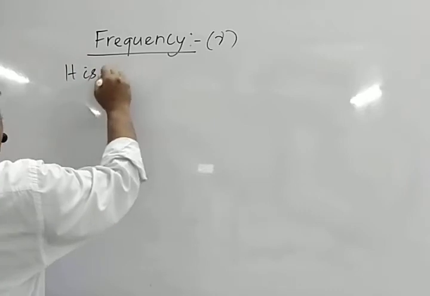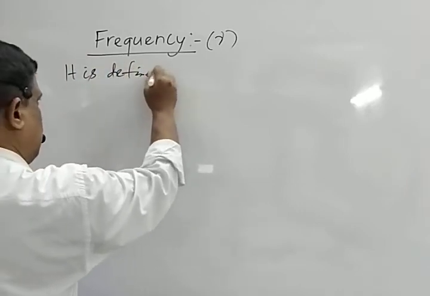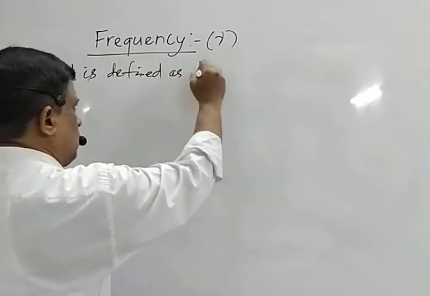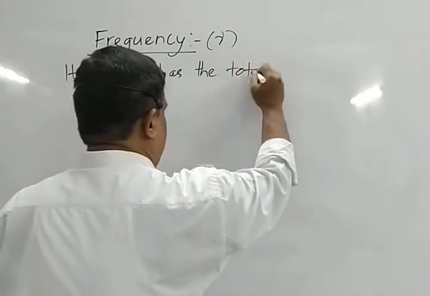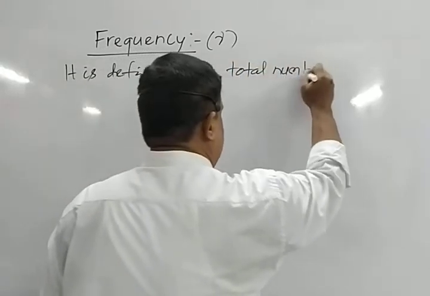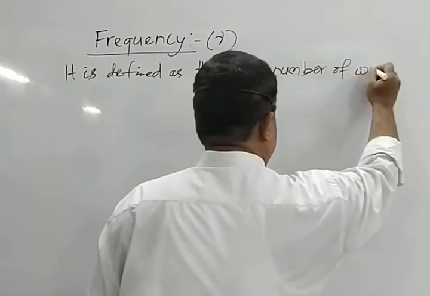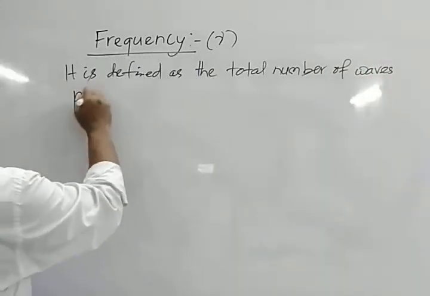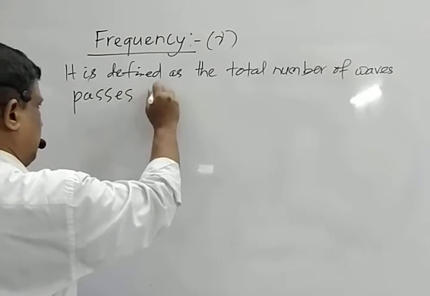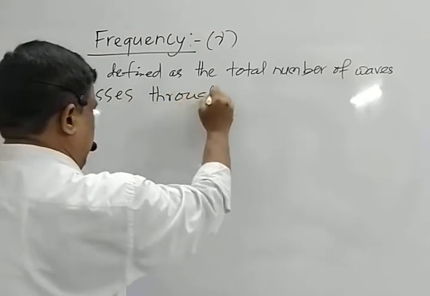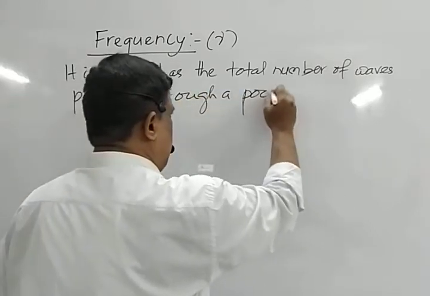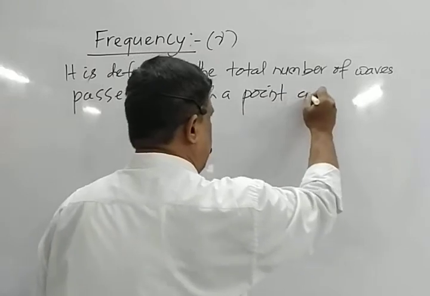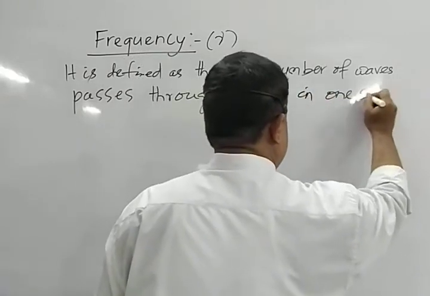It is defined as the total number of waves that pass through a point in 1 second.